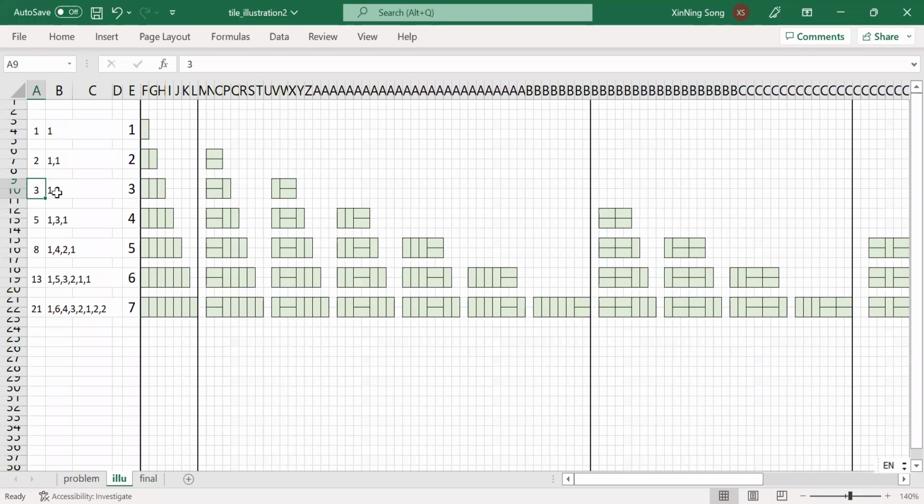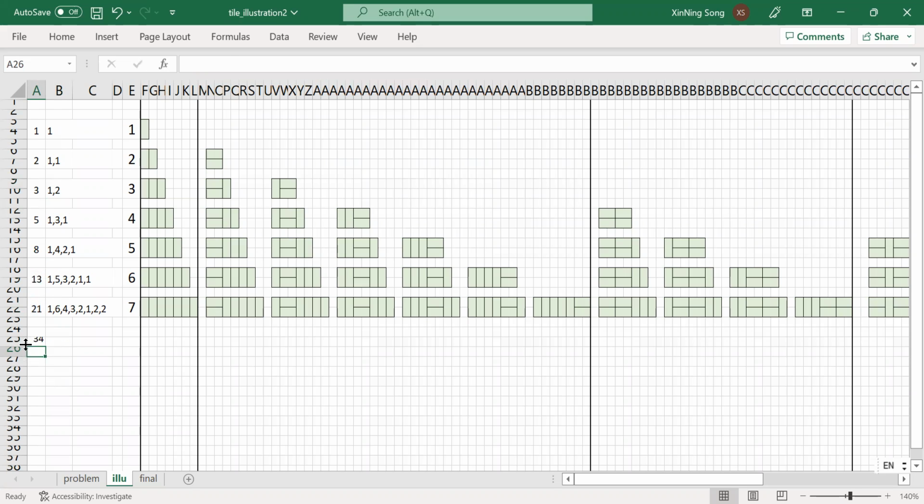So we see that 5 equals 2 plus 3, 8 equals 3 plus 5, 13 equals 5 plus 8, 21 equals 8 plus 13, right? So I'm pretty sure the next number must be equal to 21 plus 13.